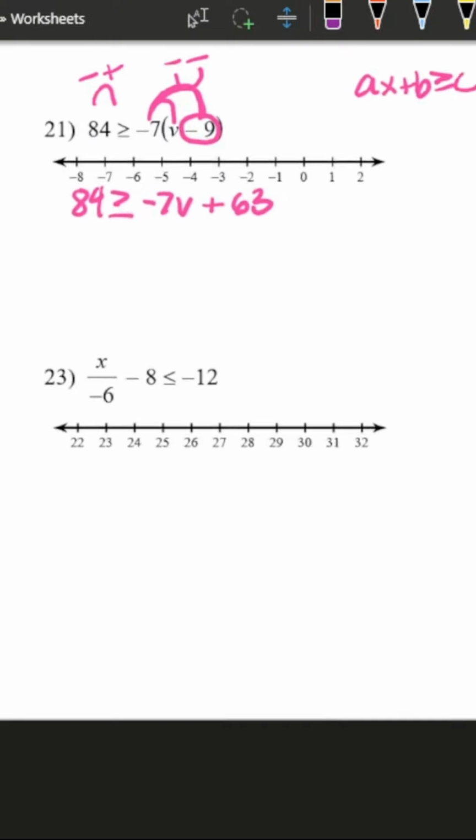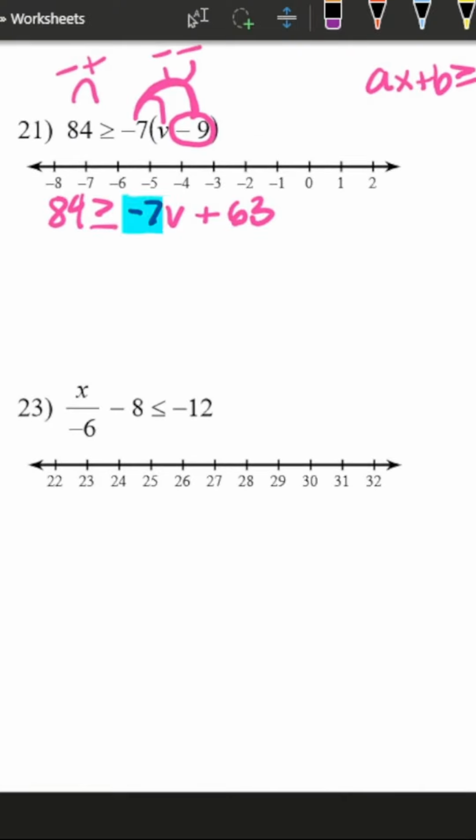So I'm going to look at this right here, this whole thing, negative 7v, and I'm going to rewrite it right here on the bottom, negative 7v. Took care of that. Then I'm going to take the plus 63 and rewrite it, plus 63. We good so far?